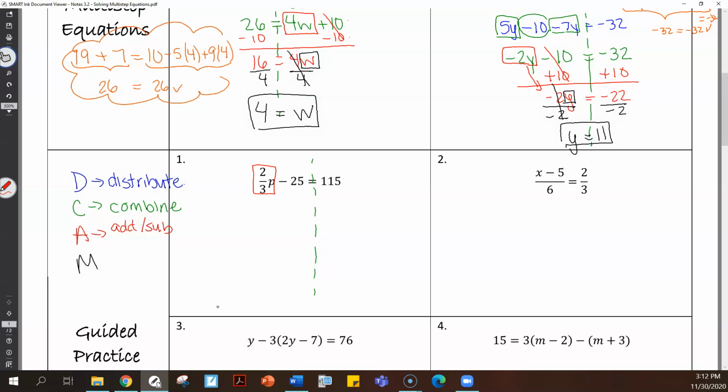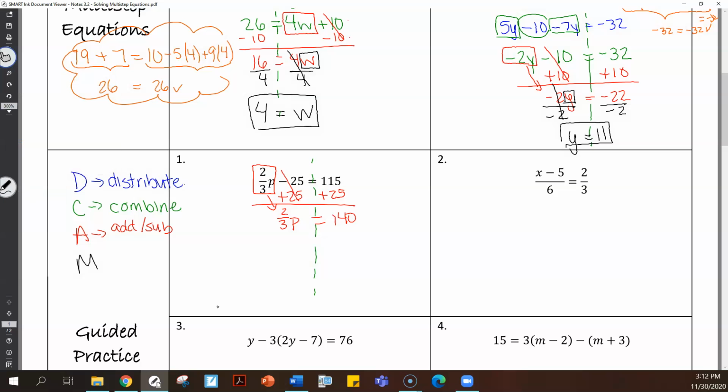We have this negative 25 that's keeping it from being alone. So I'm going to undo that by adding 25 to both sides. My 25s are going to reduce to 0. 2/3 P, I didn't do anything to it, so it comes right down. 115 plus 25 is 140.